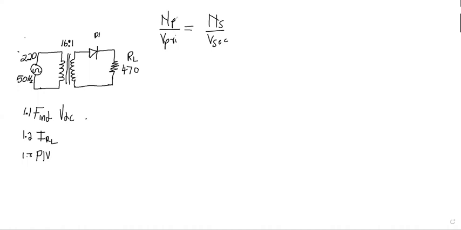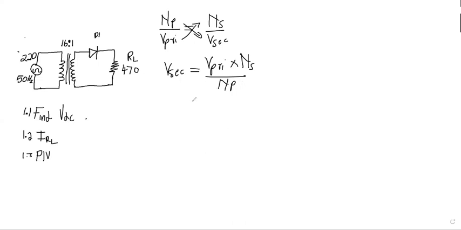Let's continue. From this formula, we are looking for V secondary, so we'll simply cross multiply and make V secondary the subject of the formula. V secondary is equal to V primary multiplied by the number of turns in secondary divided by the number of turns in primary.